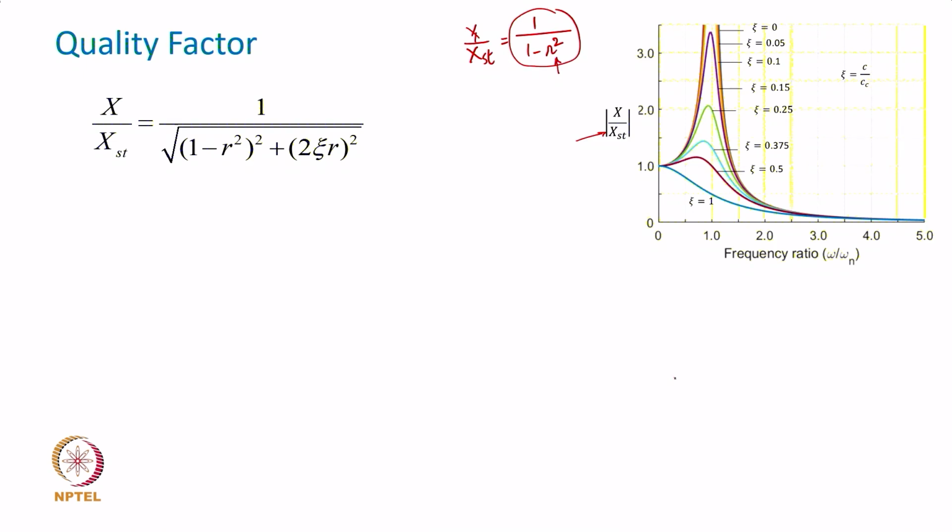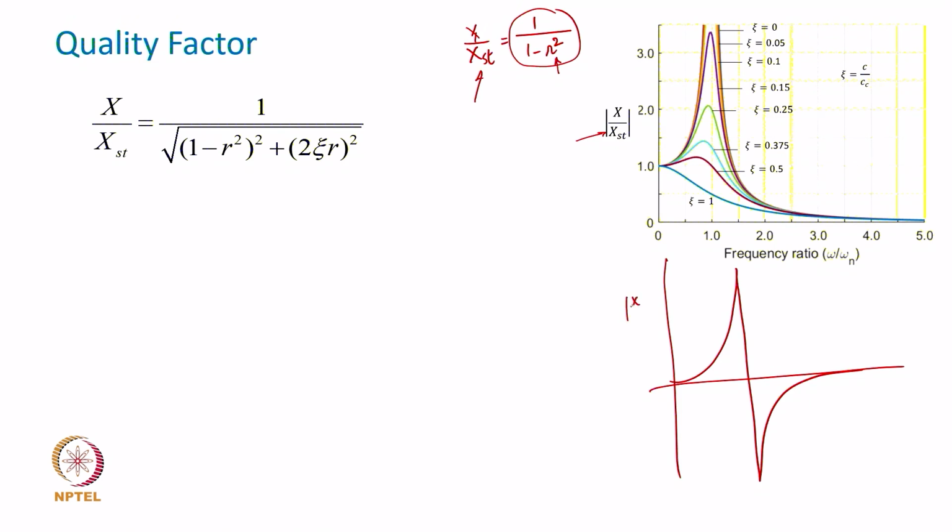Strictly speaking, if you plot this X over X_st, it is going to look like this, but we take the mod and plot the absolute value, which means that the negative parts simply get flipped like that, and that is what you actually see here.